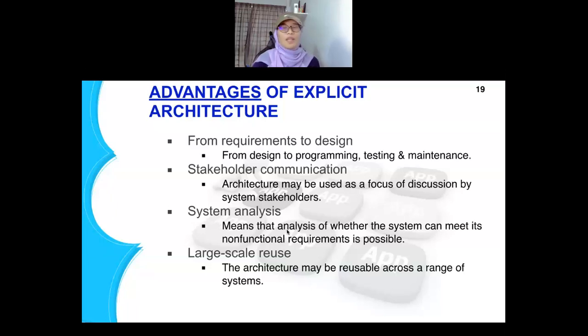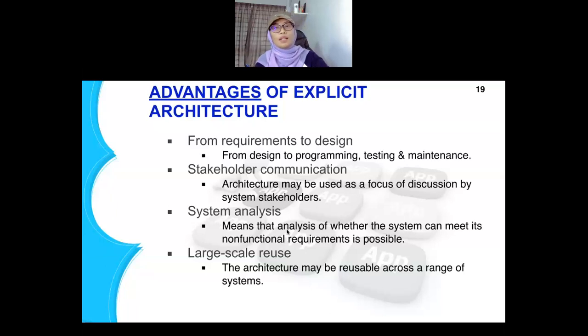System analysis means analyzing whether the system can meet its non-functional requirements. Remember what non-functional requirement is? The constraint. You want a system that helps you improve the performance and the quality. You need to make sure your system meets all the non-functional requirements, which are the constraints of the purpose of the system that you want to develop.